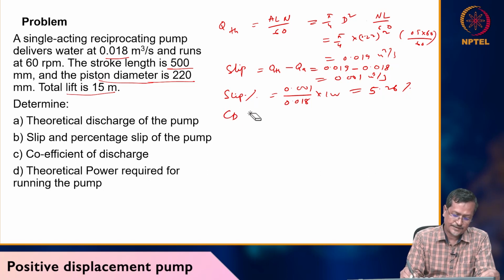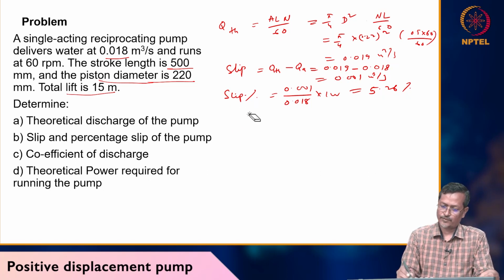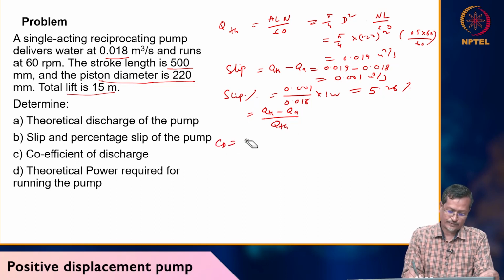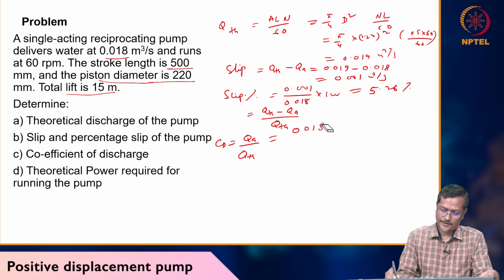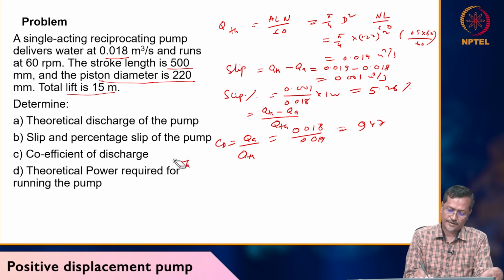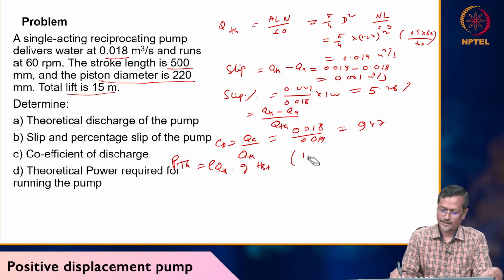So Cd okay, slip formula actually I should write Q theoretical minus Q actual divided by Q theoretical. So Cd equals Q actual by Q theoretical equals 0.018 divided by 0.019 equals 0.947.